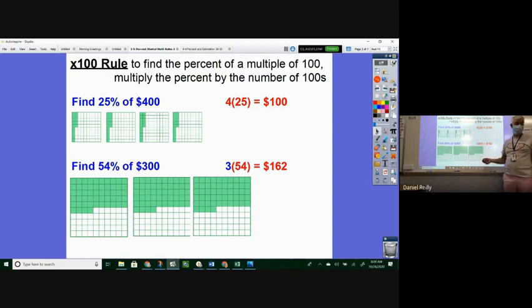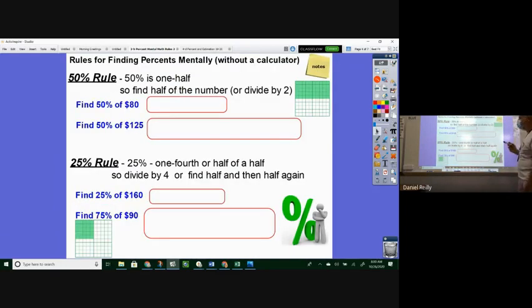It's 162. 3 times 50 is 150 plus 3 times 4 is 12. Now, do you have to be able to do this? Well, I can't test you on it this year, but I will post IXL assignments that help you practice these problems in your head if you want to get better. That's up to you. You'll see them again.